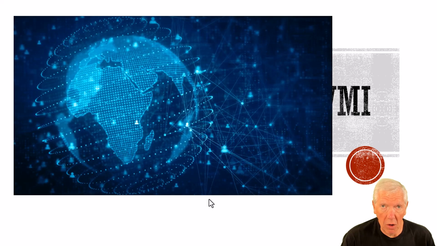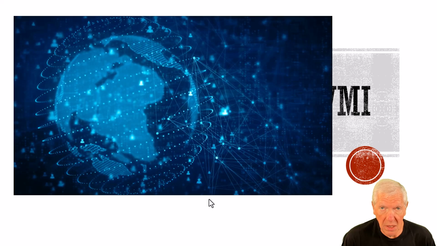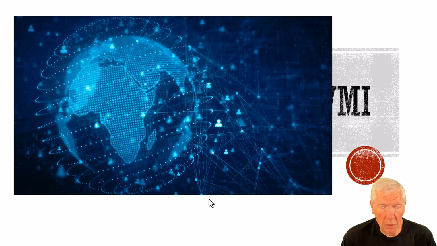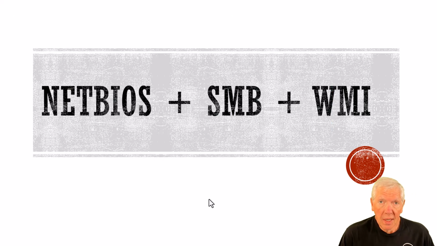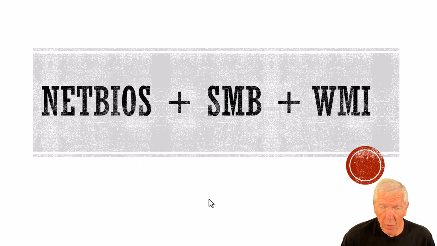Now, I do want you to know that back in the day, before TCP/IP came out, because that came out in like the early 90s, it was known about, it was collaborated with a bunch of different companies, and that was great. So that revolutionized networking. But prior to that, every company like the IBMs of the world and Microsoft, there was a networking company called Novell Netware. They were based out of Salt Lake City, Utah. There was a company in Southern California called Banyan Vines. Their product was called Vines. All of these people were working together, working separately to create networking products.